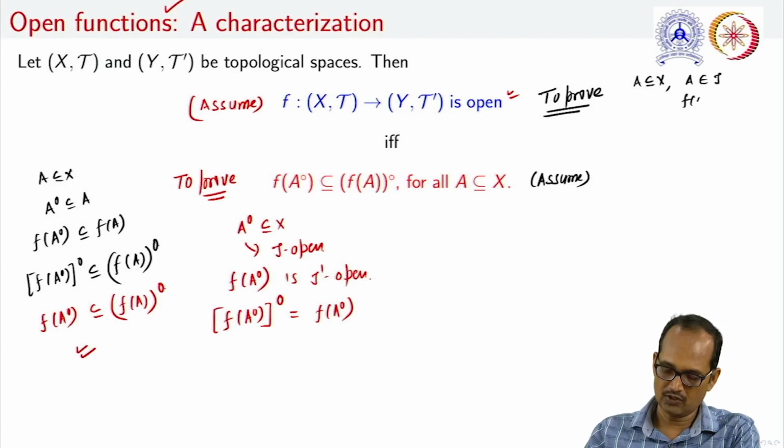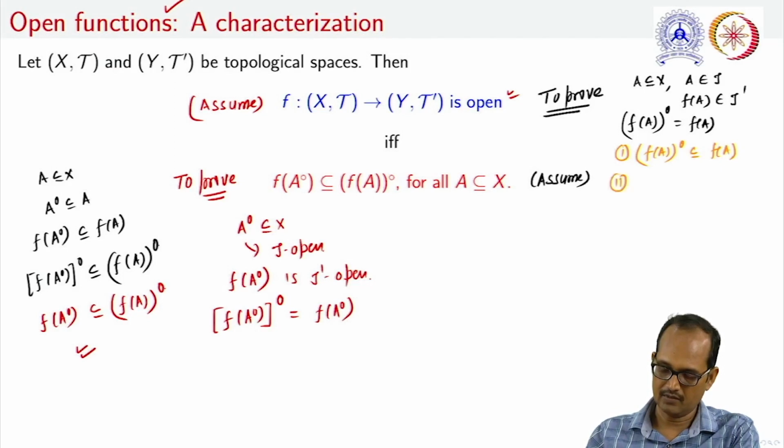Our motive is to justify that f(A) belongs to tau', or just prove that interior of f(A) is equal to f(A). This is equivalent to showing that interior of f(A) is a subset of f(A) and f(A) is a subset of interior of f(A).